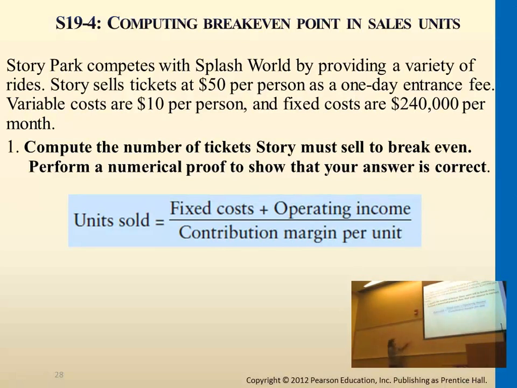Fixed costs $240,000 divided by contribution margin per ticket you sell to a customer, which is 40. This will give us 6,000 units. So if we match it with this problem, that will be 6,000 person tickets that you need to sell in order to cover the fixed portion, $240,000, and the variable cost per person, $10.